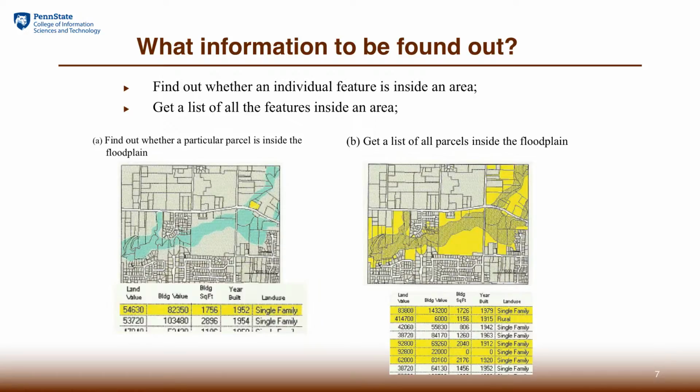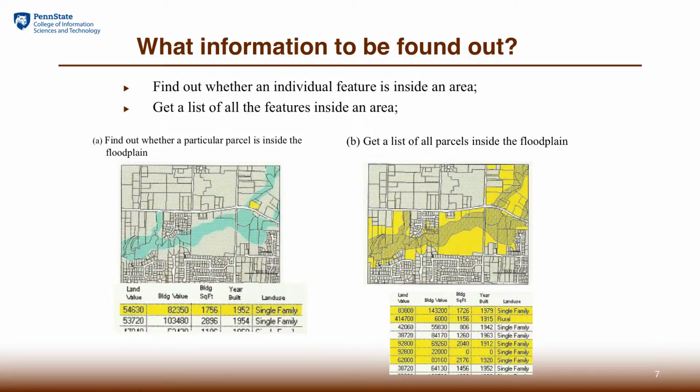These are two different kinds of decisions you have to make. And we're going to see that when we do this analysis, those are the decisions we have to make according to the situation. Map A on the slides shows that there is a floodplain colored blue, and then there are parcels.